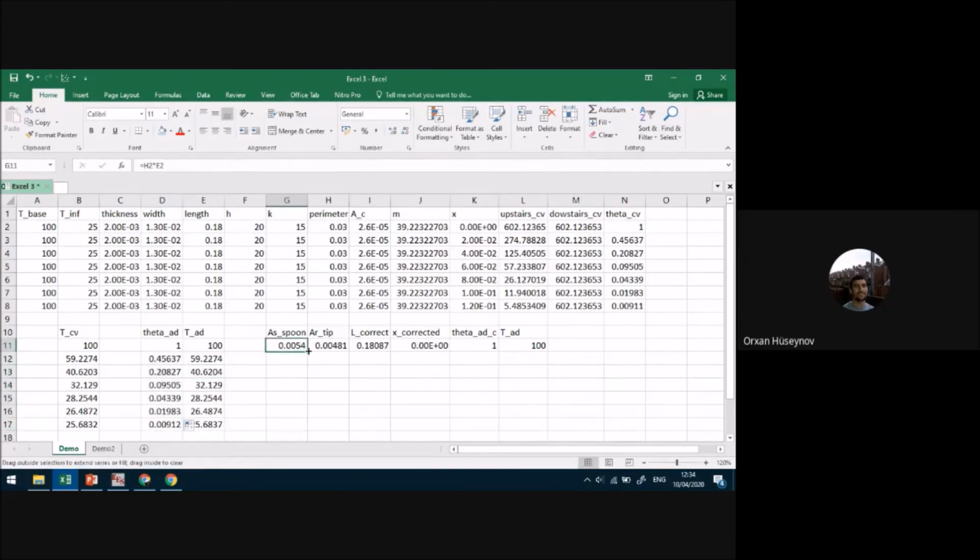So again, the area A_s of the spoon is constant. Now let's calculate the theta adiabatic, T adiabatic with corrected length. So I should increase these values too, but first let's plot this T_c.